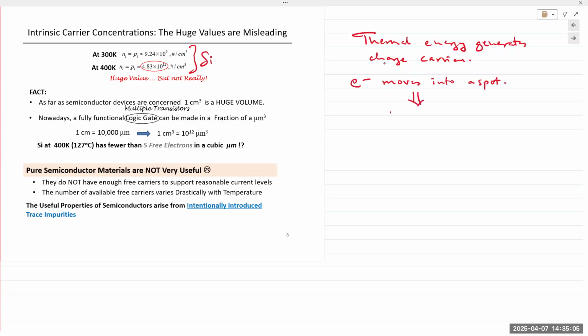The amount of time that the electron is free, meaning it's not occupying any spot, is known as the carrier lifetime. How long can the electron behave as a charge carrier? So it is known as the carrier lifetime, or the charge carrier lifetime.